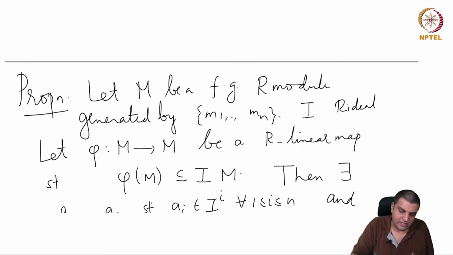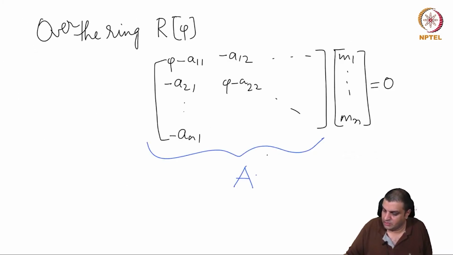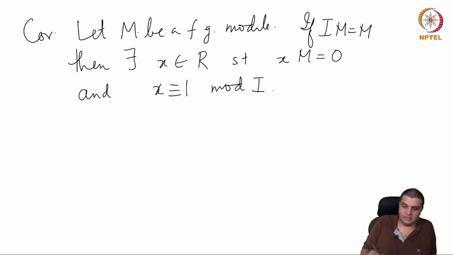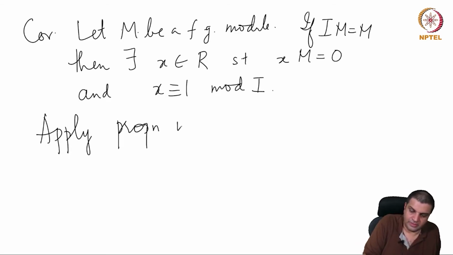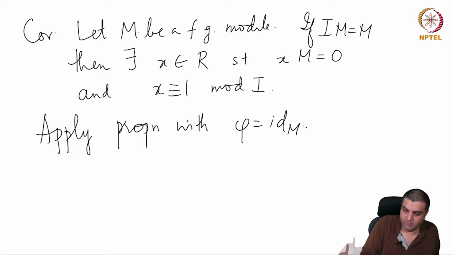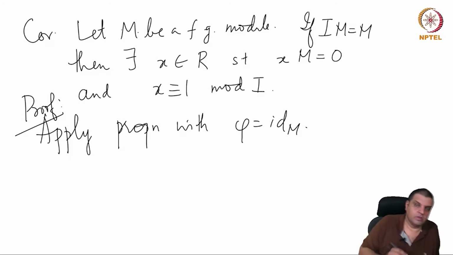Then we are saying M is inside IM, but that means M is equal to IM. So apply the proposition with phi equals the identity map on M.